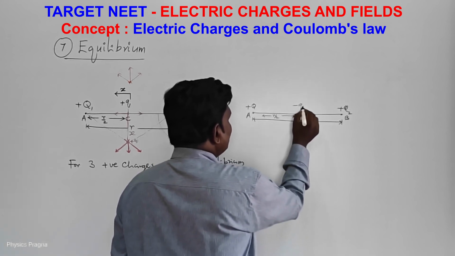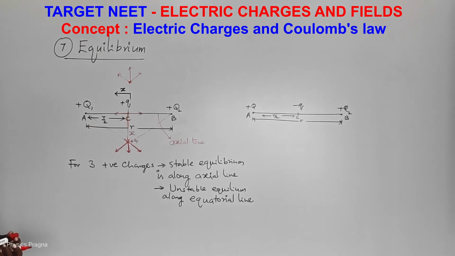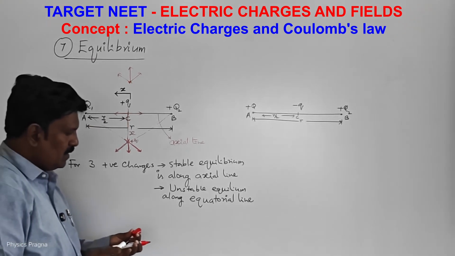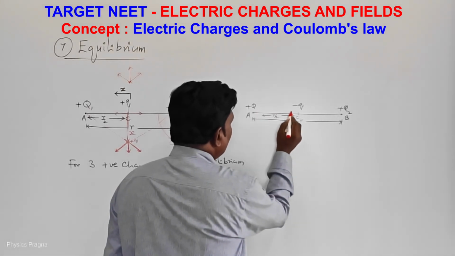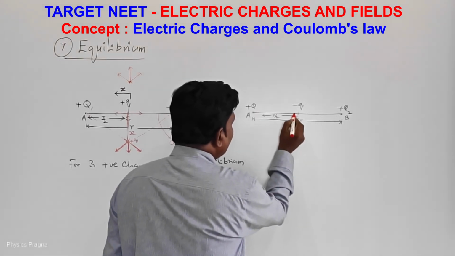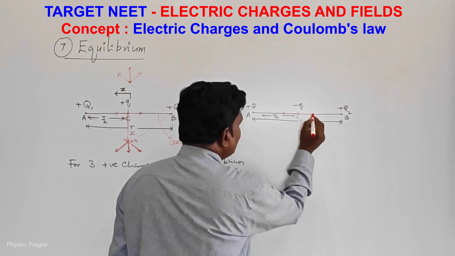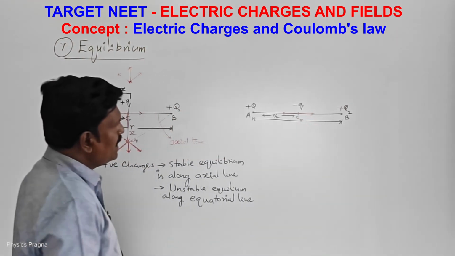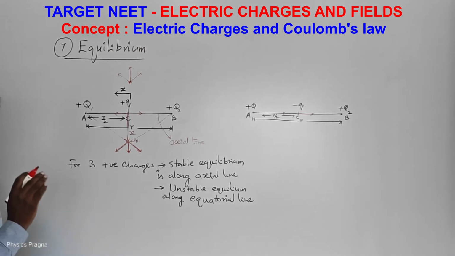I placed minus q now. Previously I gave plus q, now I have given minus q. Now positive will attract this negative towards it, and this positive q2 attracts this q1 towards it. That's why these three charges are in equilibrium, they are not moving. But whether this equilibrium is stable or unstable, let us check.